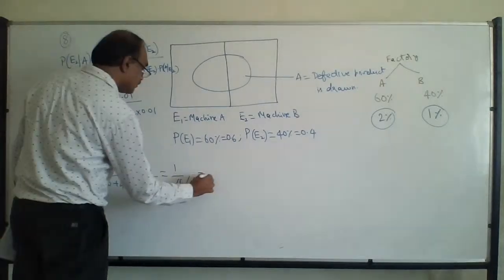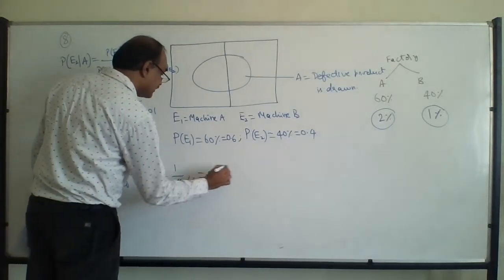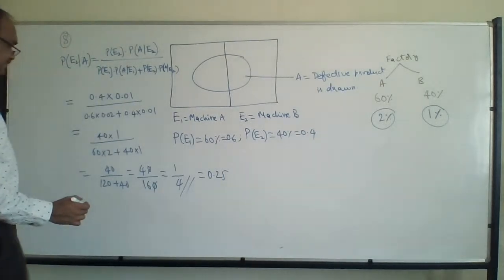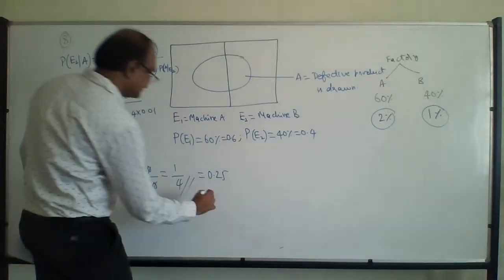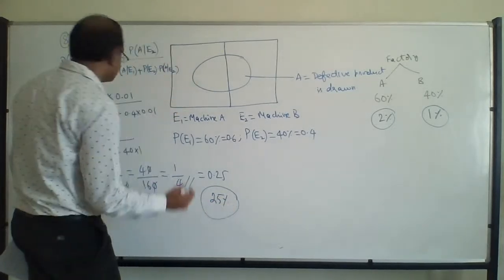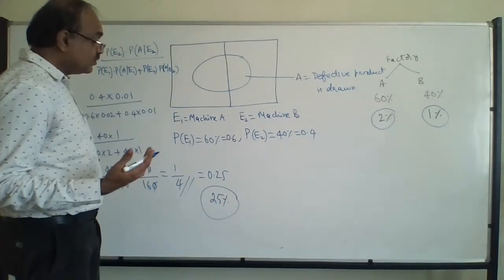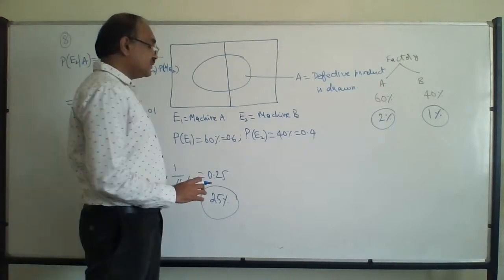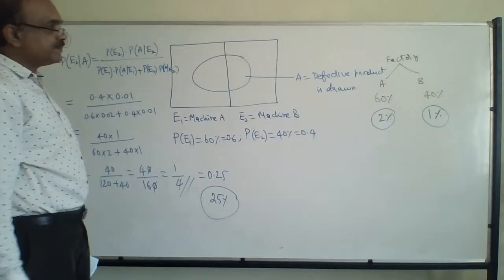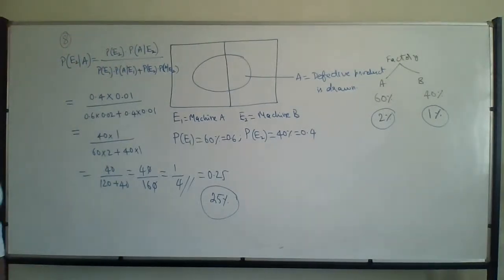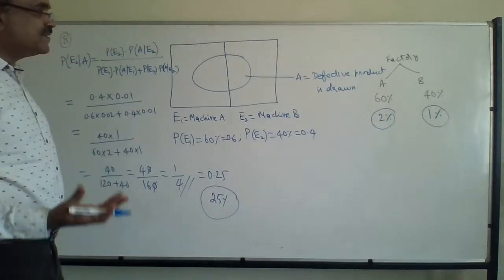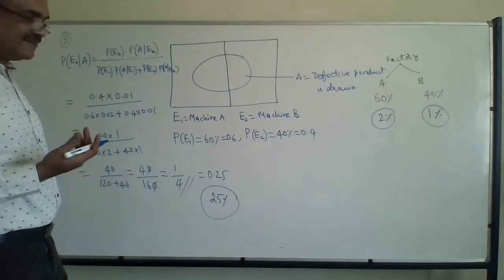That is 0.25. In percentage, 25%. So now you are 25% sure that the product has come from machine B. There is a probability of 25% that the defective product has come from machine B, less likely.